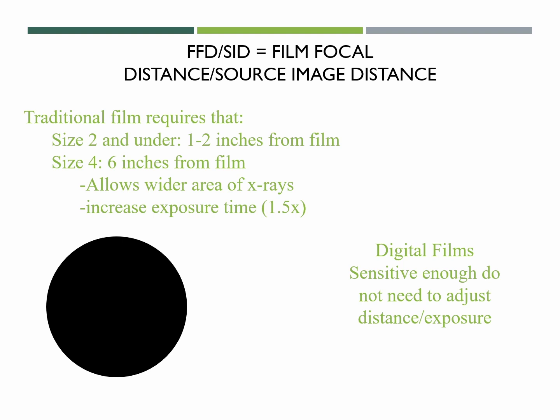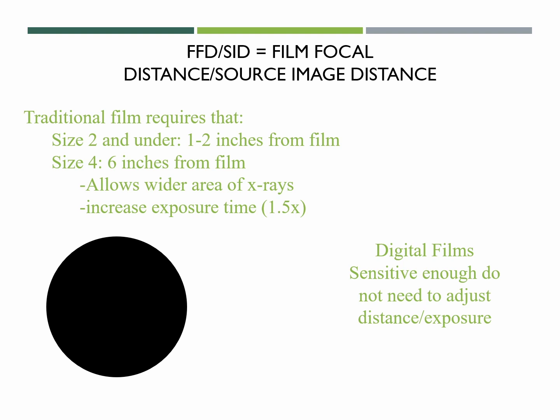Film focal distance, or SID, source image distance. Traditional film requires that for size 2 and under, so a size 2 plate or a size 2 film, you're 1 to 2 inches away from the film. So you're usually right up against the animal's face. You're very close to the face. When you get a bigger plate, a size 4, we need to move that tube head back, and we'll have a 6-inch distance from the film.